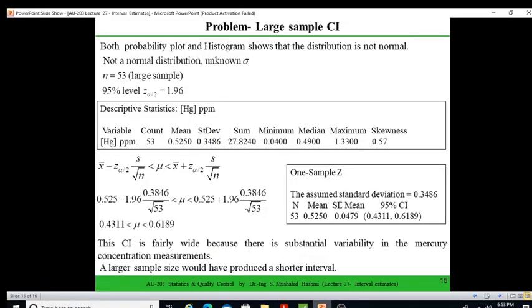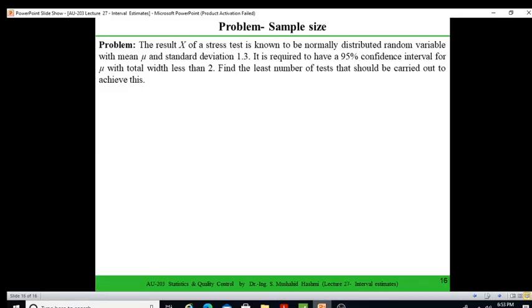Okay, the last problem in this lecture is for calculating the sample size. Here the mean is unknown and the standard deviation is 1.3, with a 95% confidence level, and we need to look for the sample size in order to achieve a confidence interval such that the total width is less than 2 units.